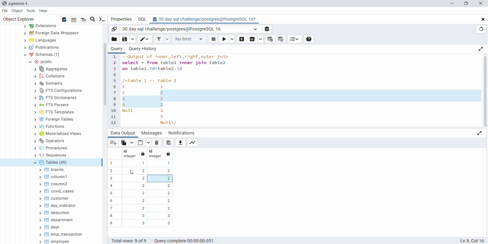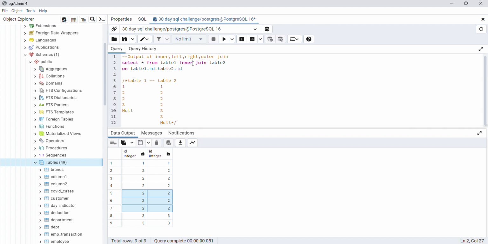You can see that this 2 will join with all the three values in the table 2, and again this 2 will get joined with all the values of 2 in the table 2. And you can see that null won't be getting joined with the null in the table 2. So you have to keep this thing in mind that null won't get joined with the null values in the table 2. So yeah, this is the result of inner join.